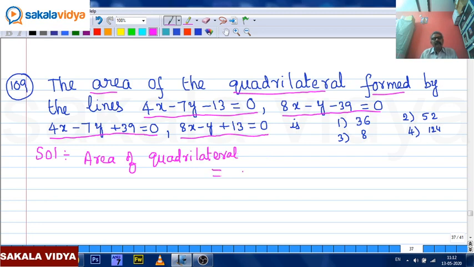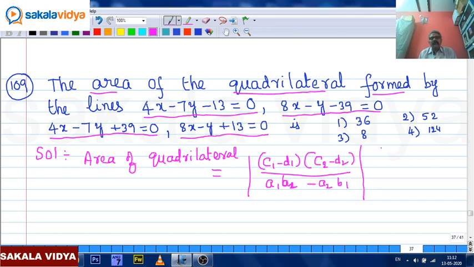equals mod of C1 minus D1, that means first parallel lines, times C2 minus D2, divided by A1 B2 minus A2 B1. Write it down. These two are parallel lines, and these two are the other parallel lines.